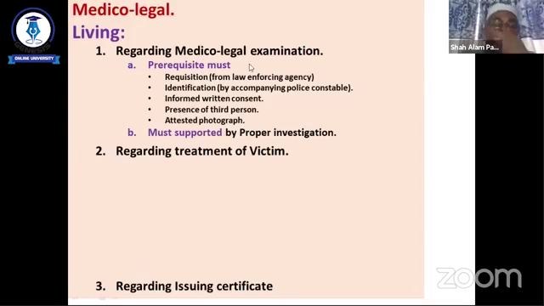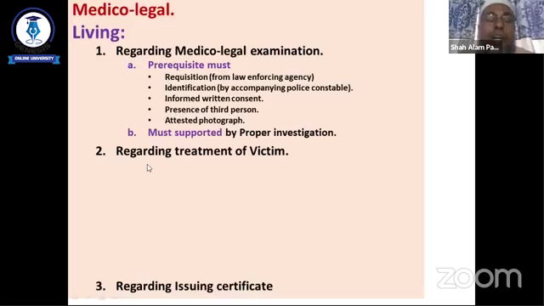Regarding medico-legal examination, first, the prerequisite is a must, and secondly, it must be supported by proper investigation. In case of a medical case, we already told you that you can do investigation, but investigation is not mandatory. But in case of medico-legal, the indication must be supported by proper investigation.